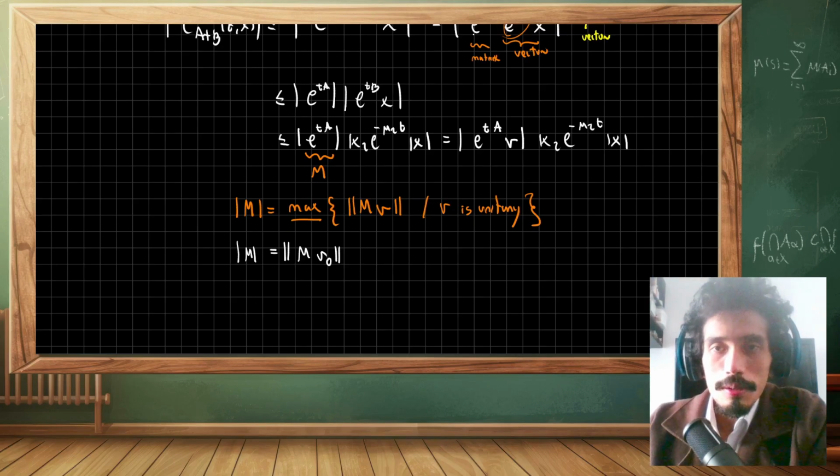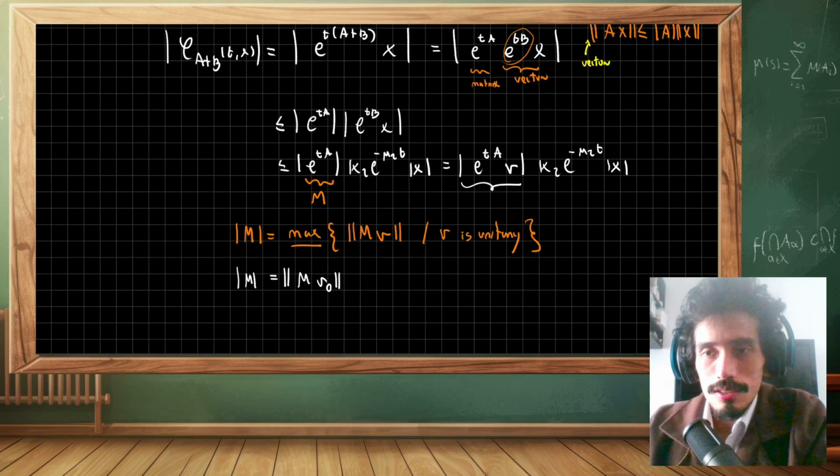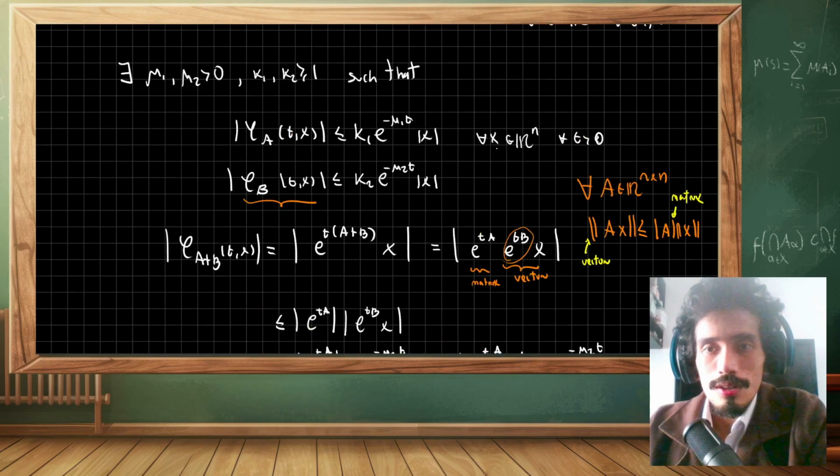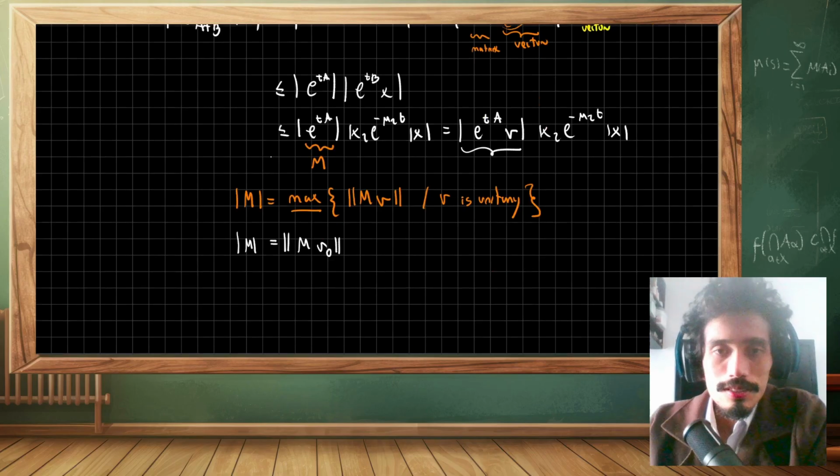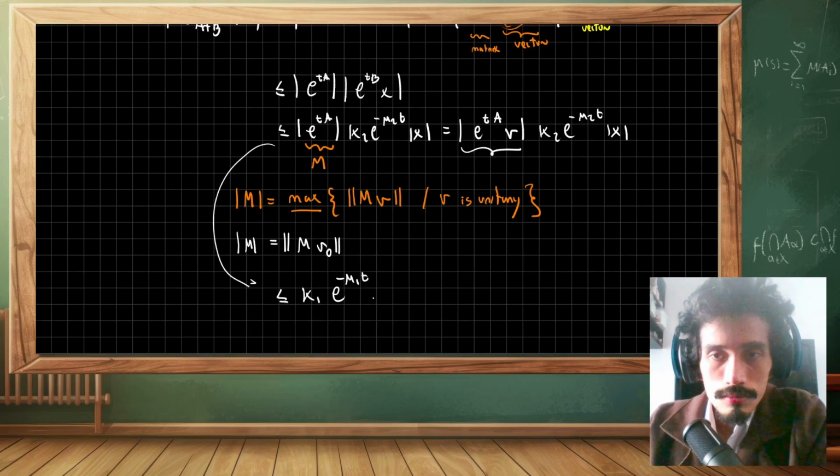So we apply the condition again on the norm of this flux, because since it holds for every x, it will hold in particular for our unitary vector v. So this is also less or equal than, in this case, k1 times the norm of v, and we copy the rest.